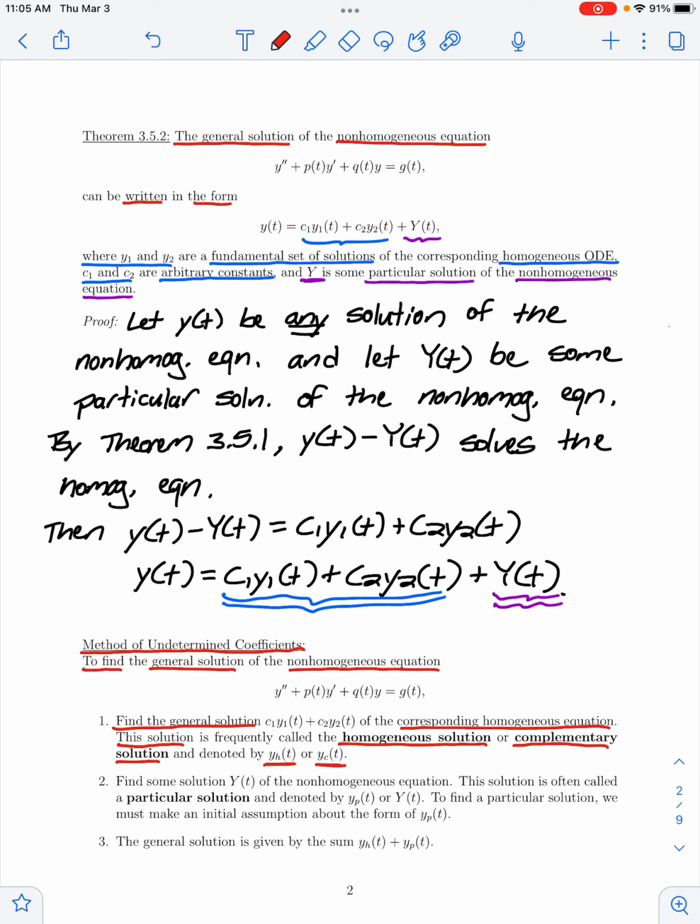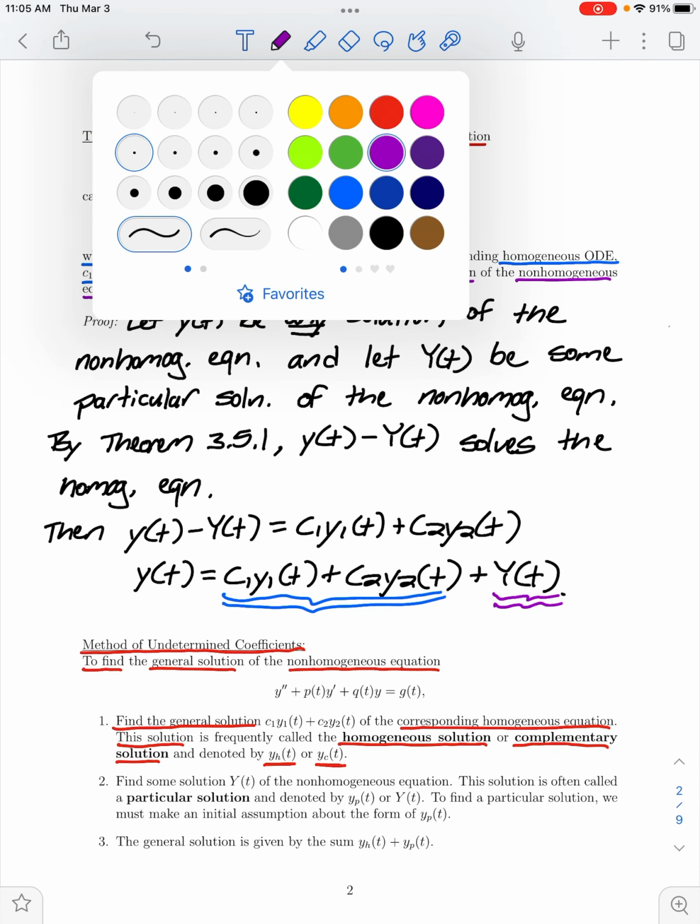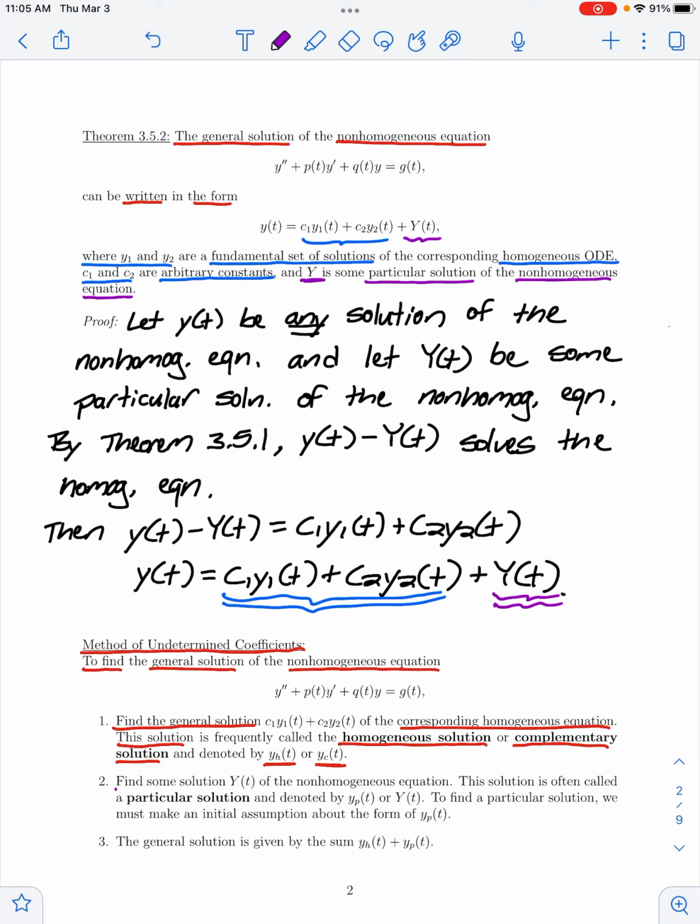And then our second step in this method is to find some solution, capital Y of t, of the non-homogeneous equation. So how do we find one of these solutions?